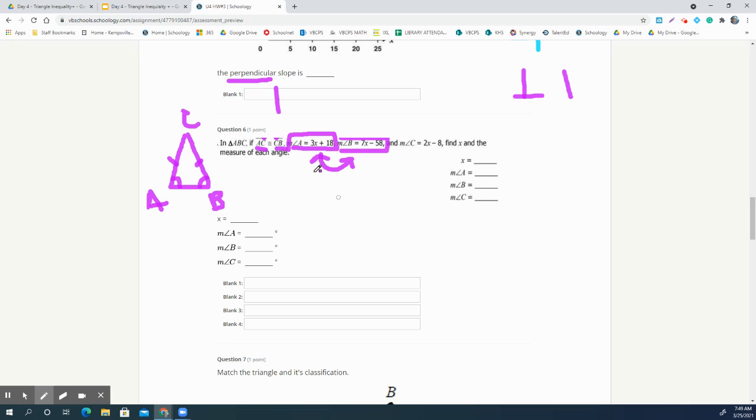Another way to do that is because you know you're talking about angles. You've got the measure of angle A, measure of angle B, measure of angle C. You can add all of those up and set them equal to 180. So there's 2 choices.